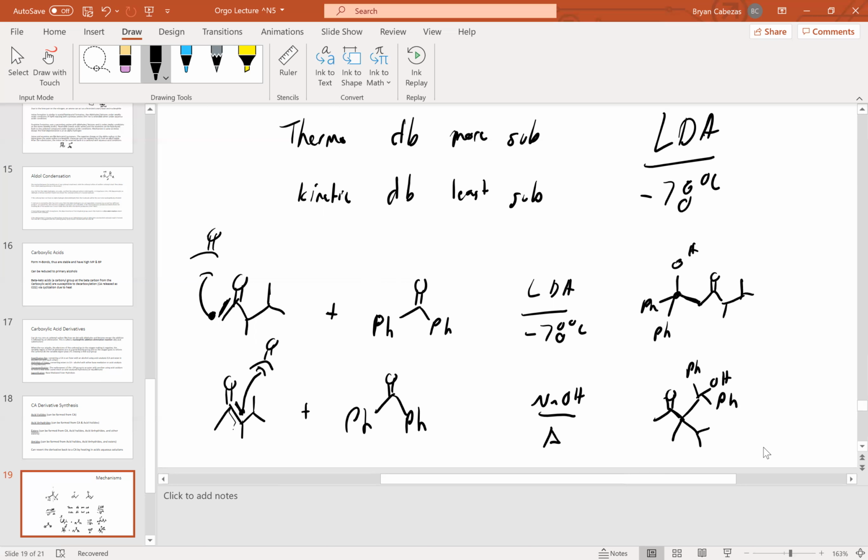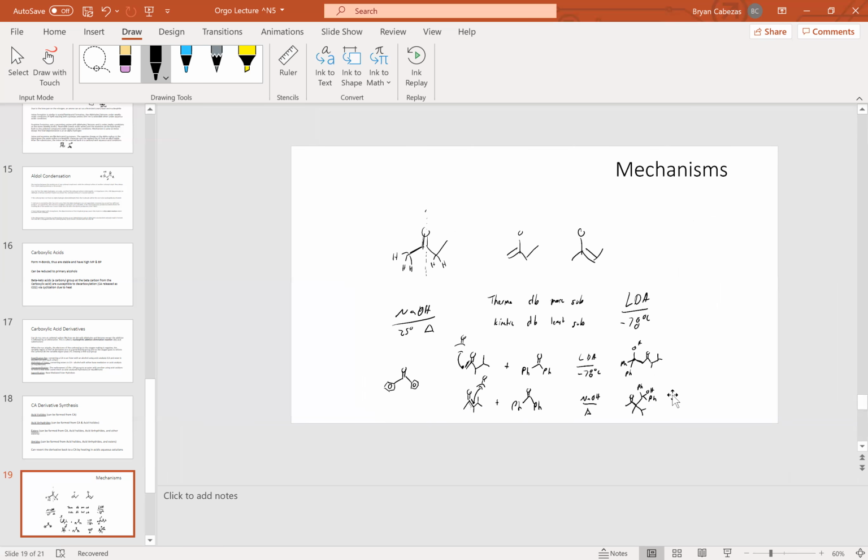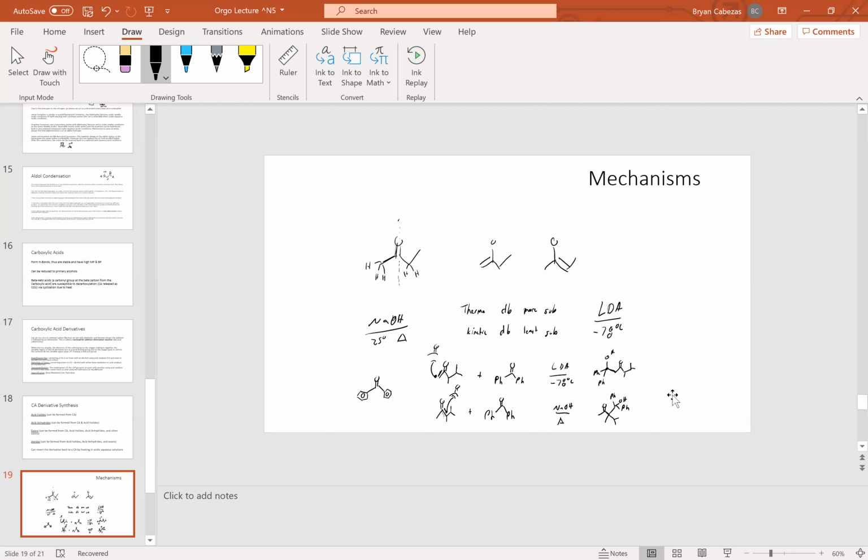We have the Phs over here because this carbon right here attacked right over here. So we have the OH, and then we have the Phs over there surrounding. So this would be the aldol condensation, when we have a thermodynamic or a kinetic product. Okay, so now you could pause this.